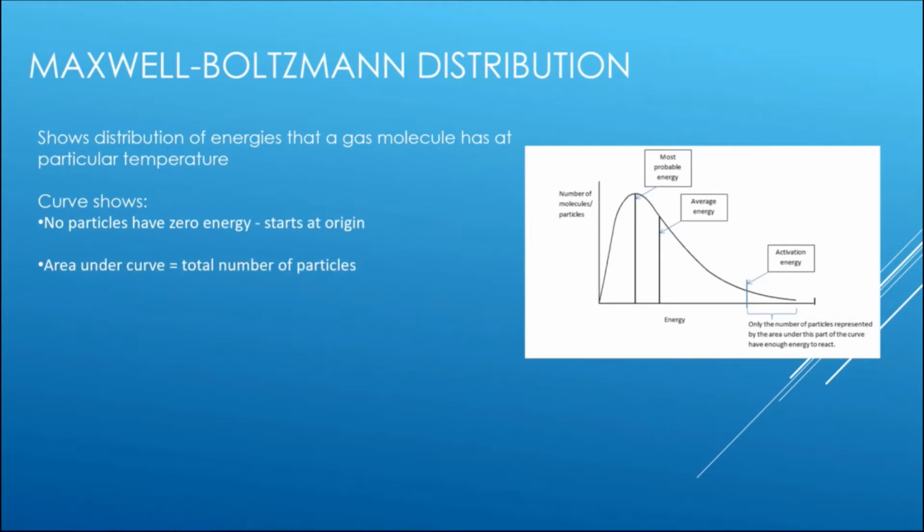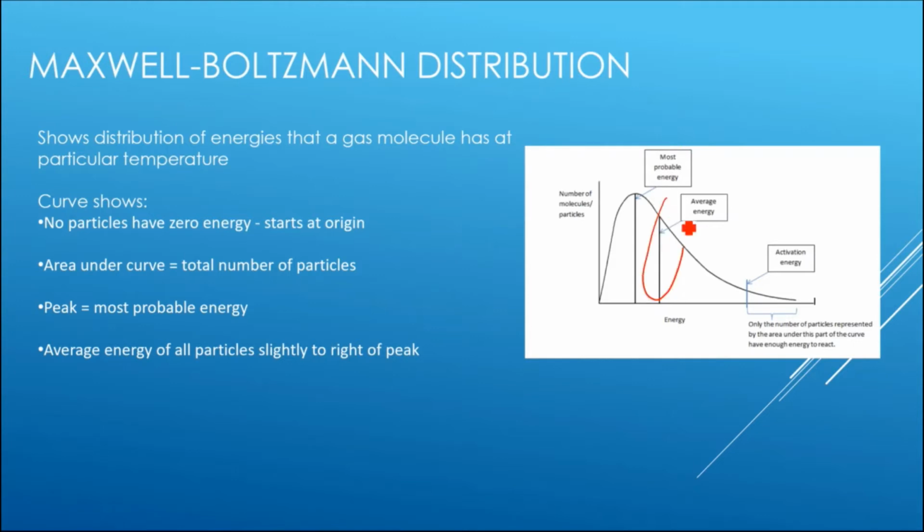Moving on, the area under the curve shows the total number of particles, and the peak is the most probable energy. So it's the most likely energy that a particle will have, and the average energy of particles is slightly to the right of the peak.